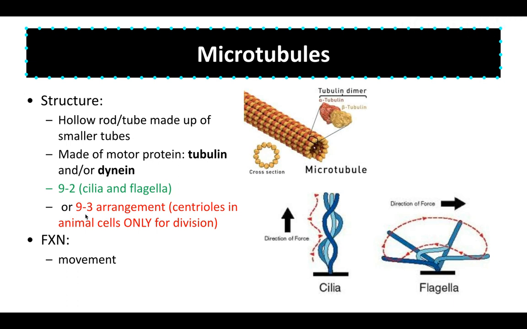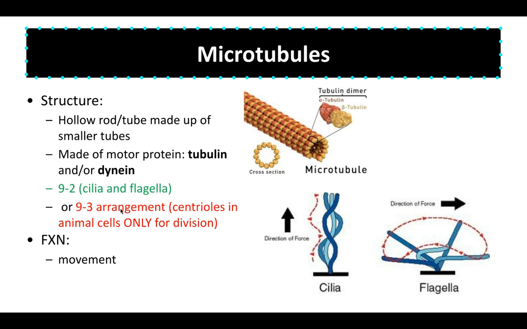And once we create a pair, we then put 9 of those pairs into a circular configuration to create the tube. Now, the other kind of tubulin arrangement is 9+3, which takes 3 of the individual tubulin or dynein proteins and bonds those together, then takes 9 of them total and arranges those into a circular pattern that creates the tube.